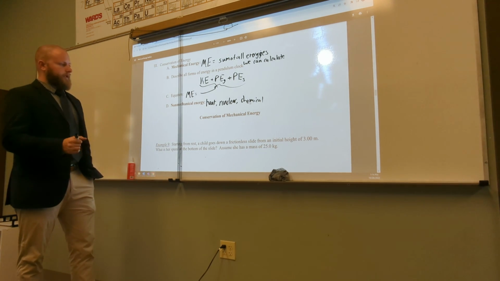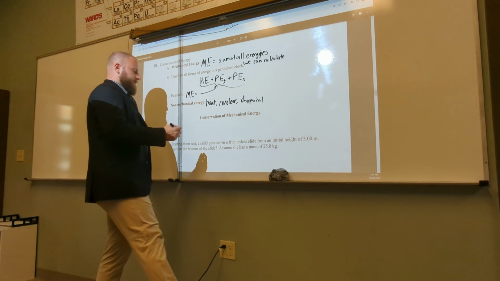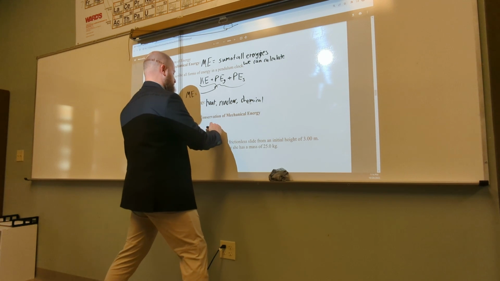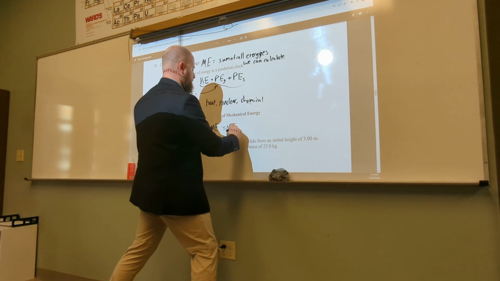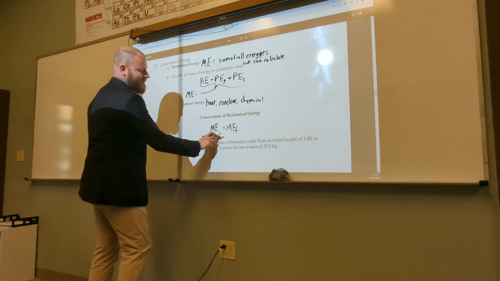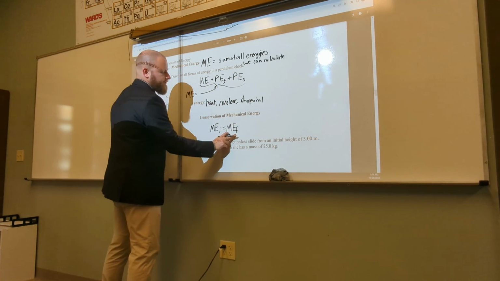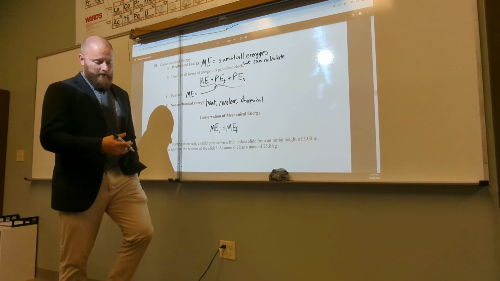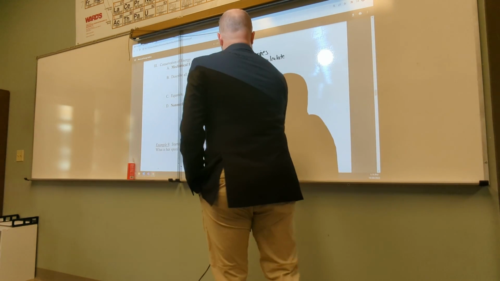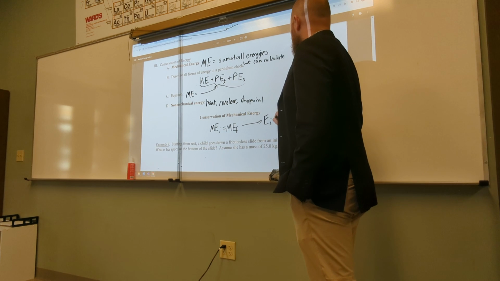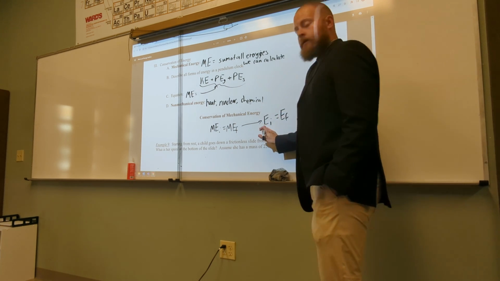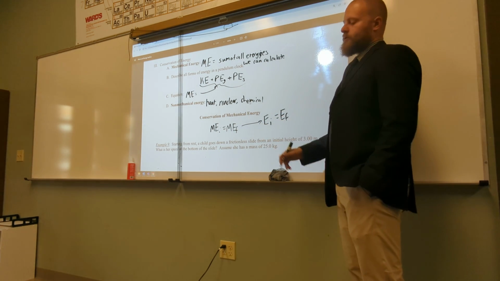So conservation of mechanical energy, you'll often see it written as something like ME_I equals ME_F. Okay? So the initial mechanical energy is equal to the final mechanical energy. That's a frequent way that you'll see people write it. I'll also often just write it as E_I equals E_F, just saying that the initial energy we have is equal to the final energy we have.